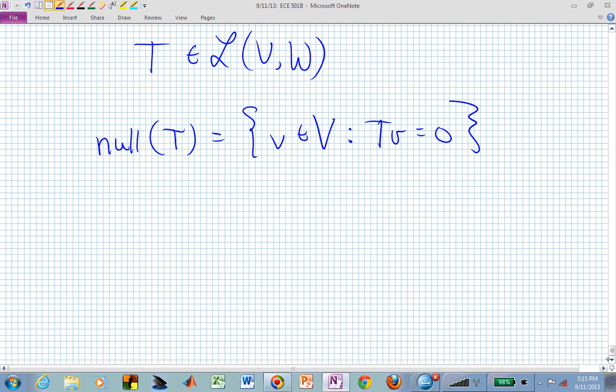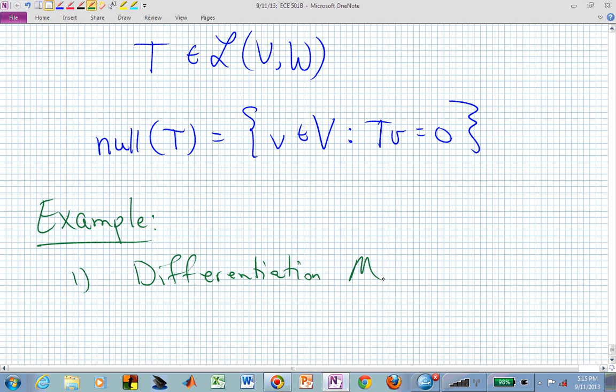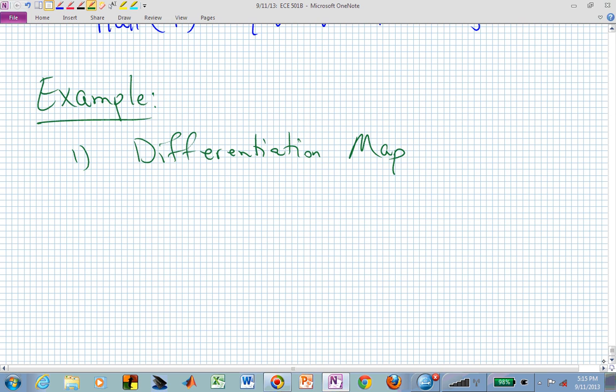One example that's different from a matrix is the differentiation map. If we take a polynomial and we differentiate it, what gives us 0 when we differentiate? Constants.